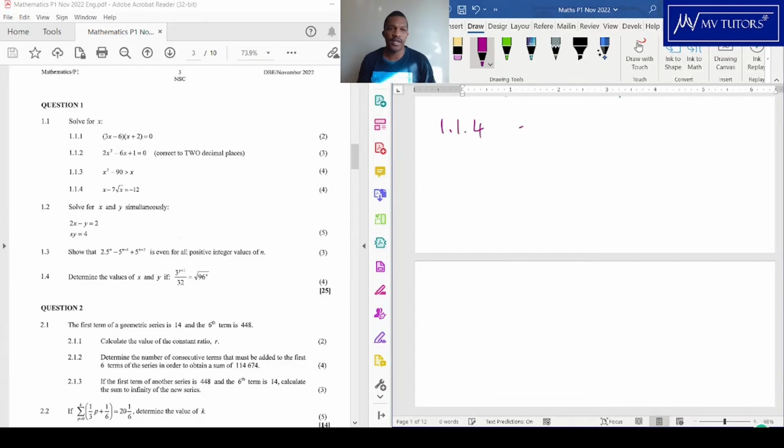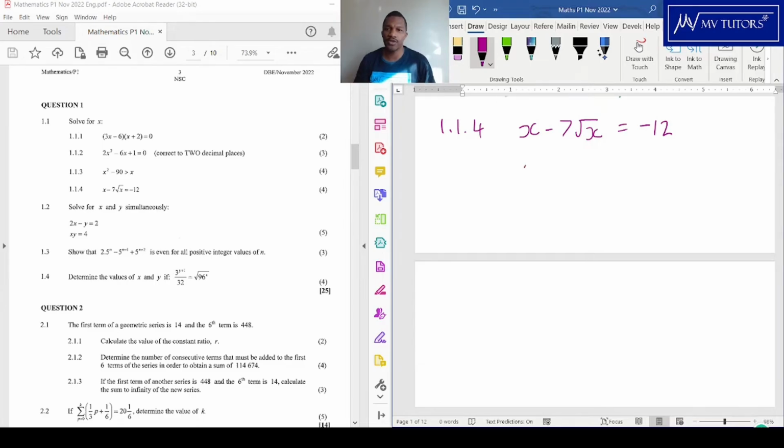We are given x minus 7 square root of x is equal to minus 12. With these questions, what you want to do is make the surd the subject of the formula.